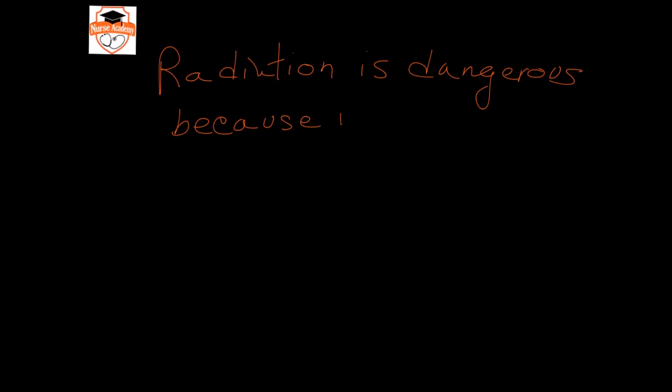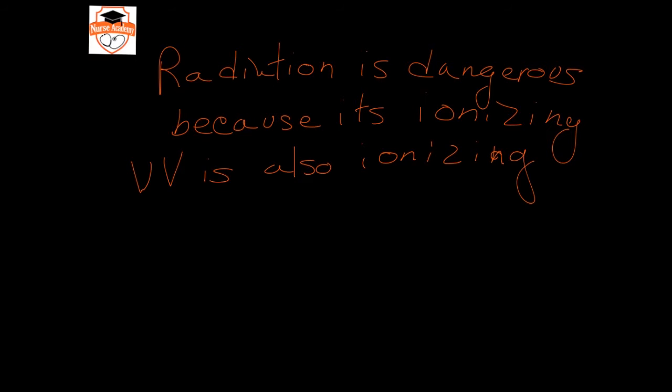So if we're looking at these types of radiation, radiation is dangerous because it's what we call ionizing. UV light is also ionizing, not quite as energetic as these types of radiation, and it's not created by the nucleus of atoms. But that's also why we hear that UV light causes cancer.